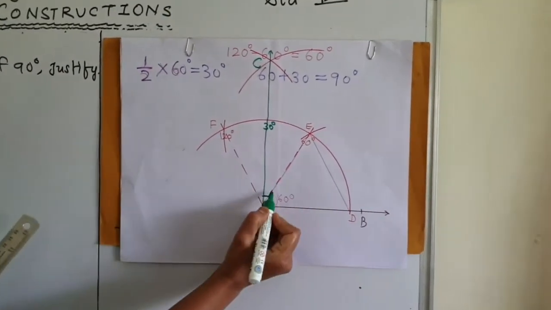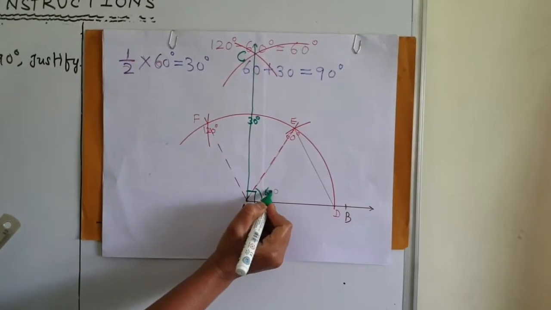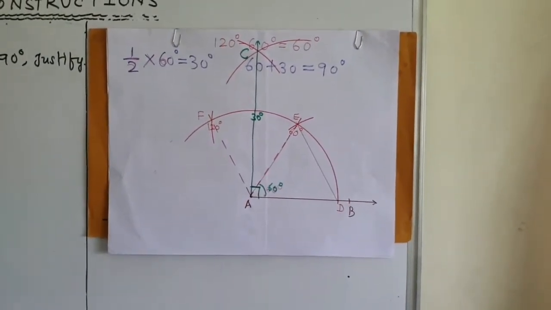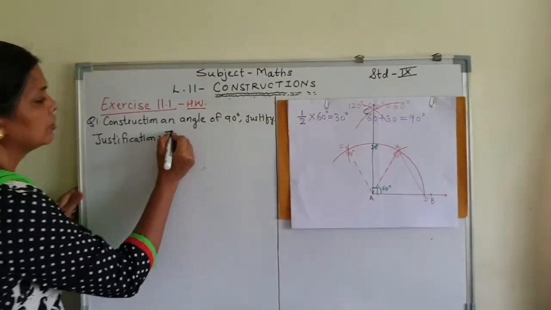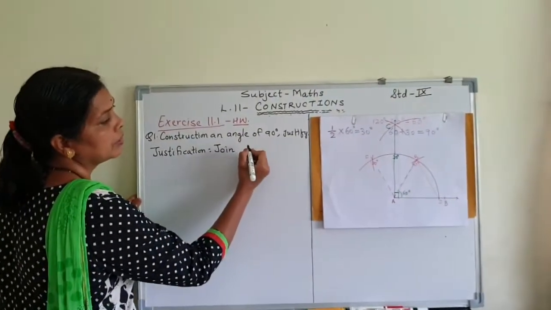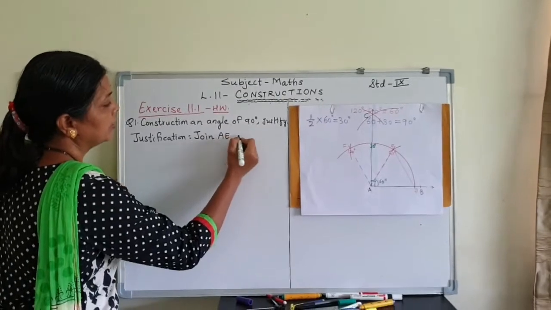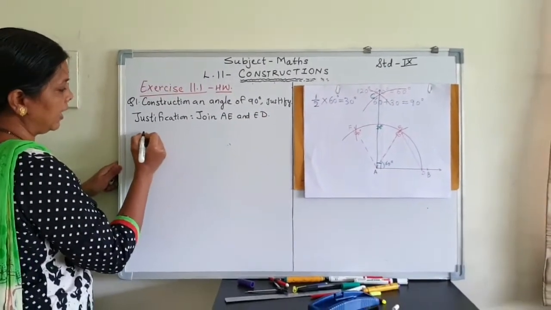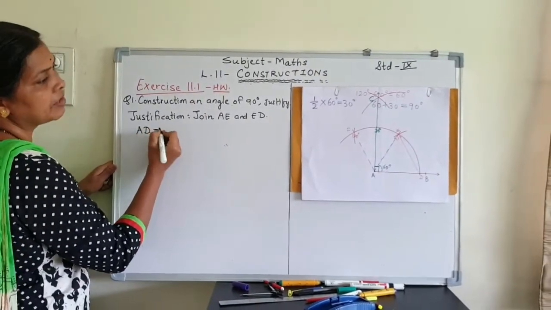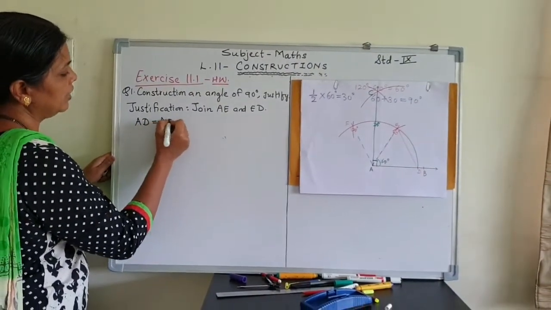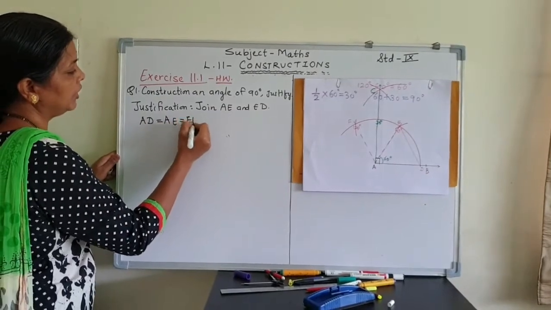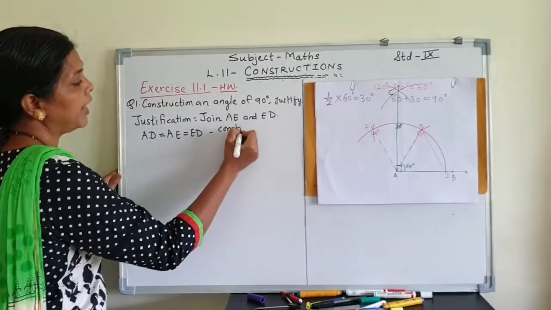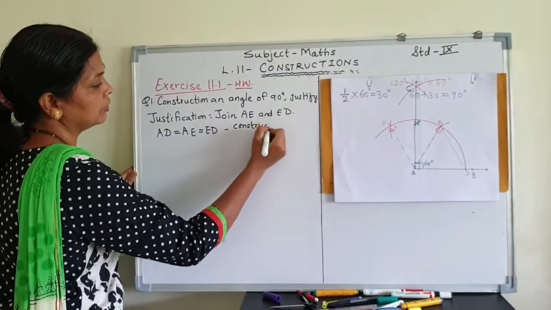So now we write first, in justification, join AE and ED. Then we get AD is equal to AE is equal to ED because of construction. They are radii of the same arc.